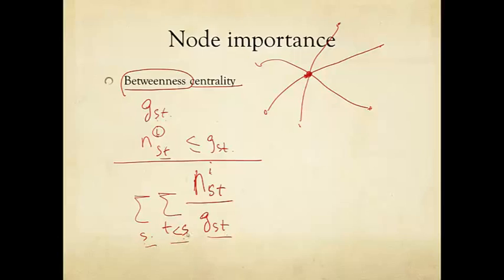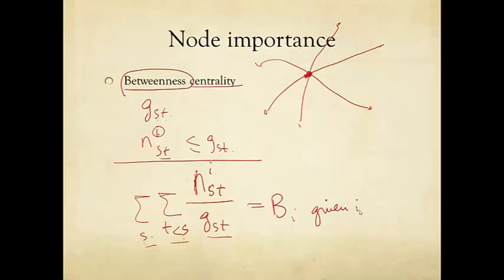This will avoid double counting all node pairs. It's just a factor of 2 difference in the end. Now we call this summation, the sum of the fraction of the shortest paths that node i sits on across all the other node pairs, b_i for each given node i.